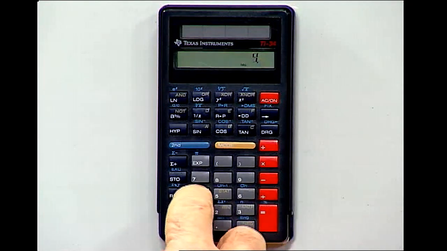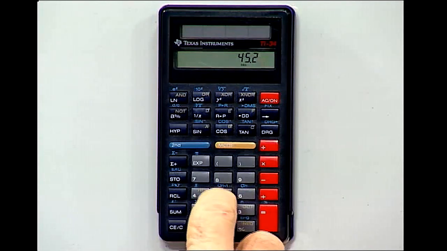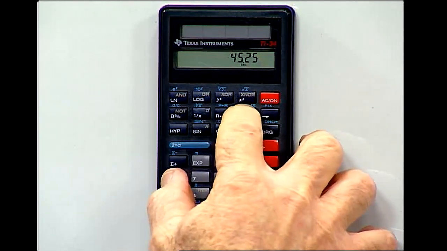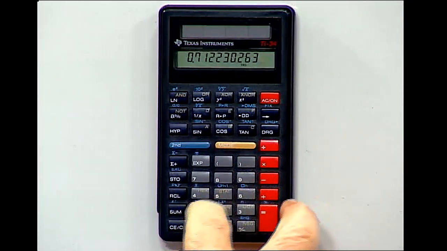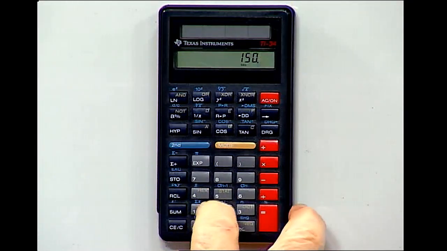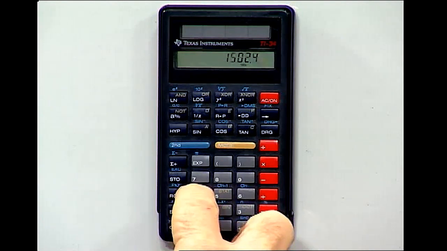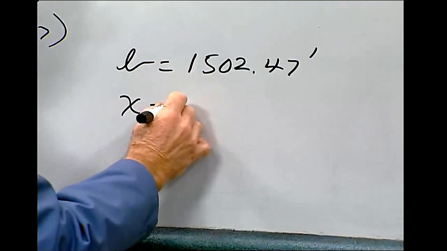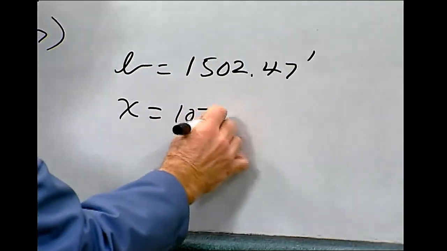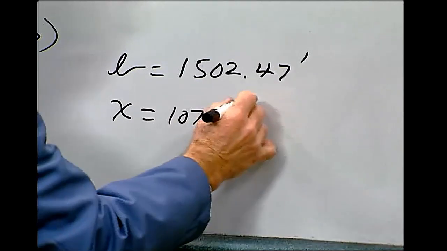Sine of 45.25, make that into decimal, and sine times 1502.47 equals, and x equals 1070.1 feet.